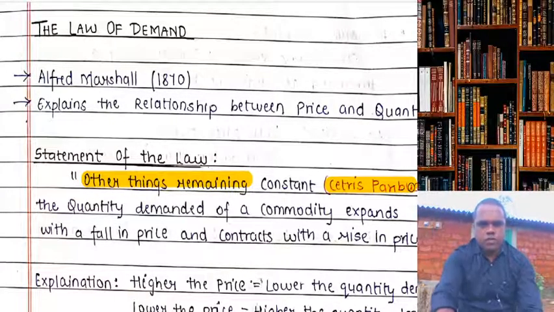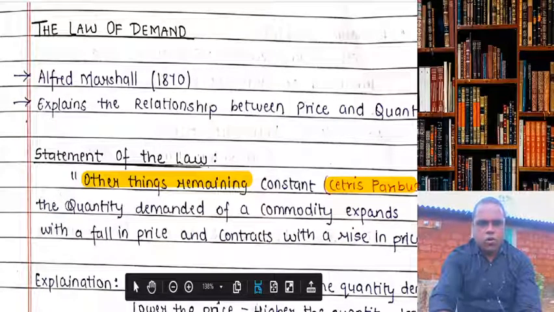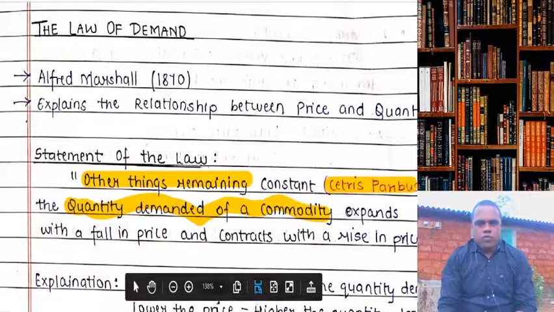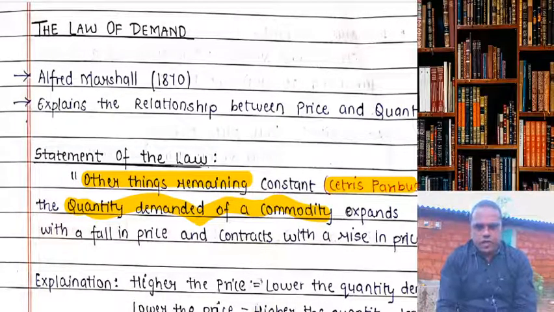So here the statement says that the quantity demanded of a commodity... Now children, here we come across two different words. Either we say the demand increases or we say the demand decreases.